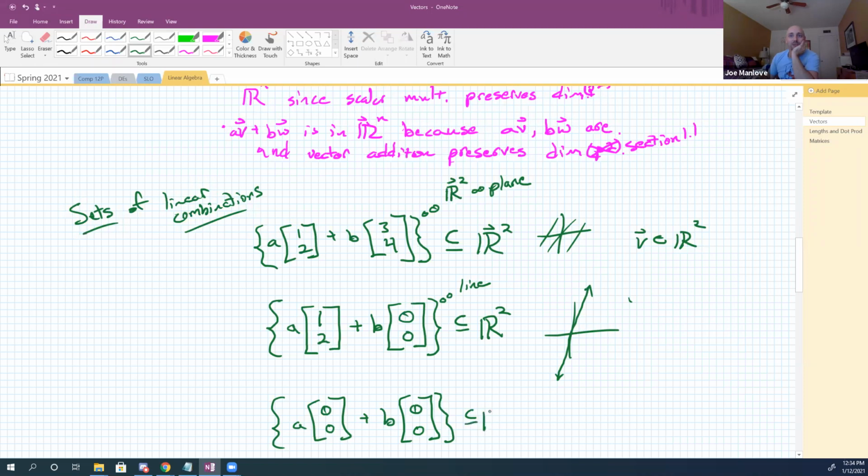So I know this is a subset of R2, right? It's the linear combinations of the zero vector. It's got to be a subset of R2. What subset of R2 is it? Would it be a point? Yeah, good. It is a point, and specifically, it is the zero vector.